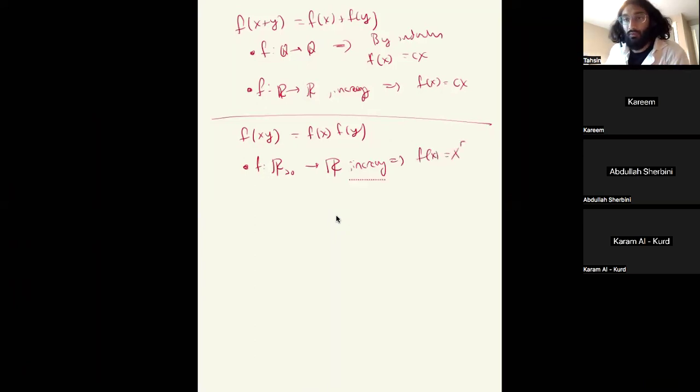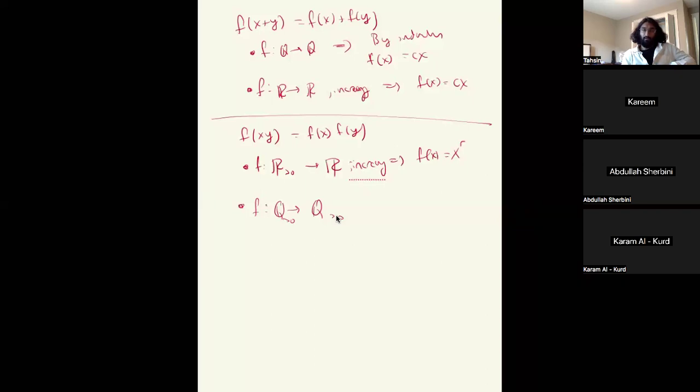We can show that, but it's a little bit different if it's from Q to Q. When we talk about multiplicative Cauchy, let's say Q positive, from Q to Q, this is a bit of a different equation. The flavor is very different from all the other ones. So can someone tell me what the general solution is going to be for this kind of thing?